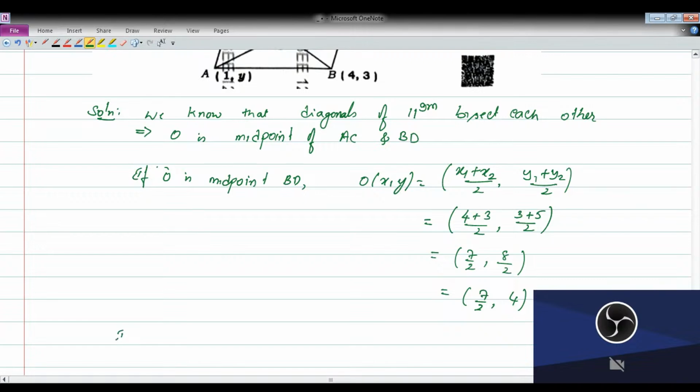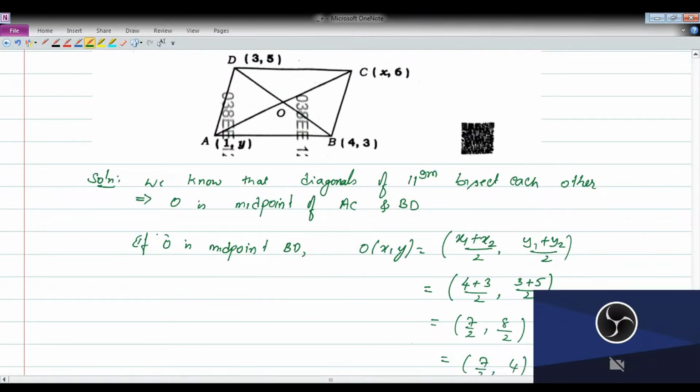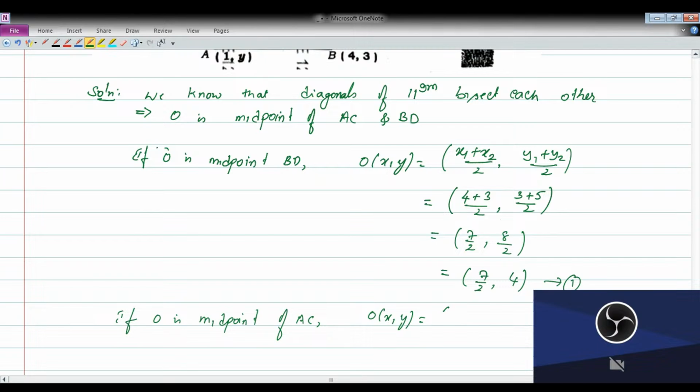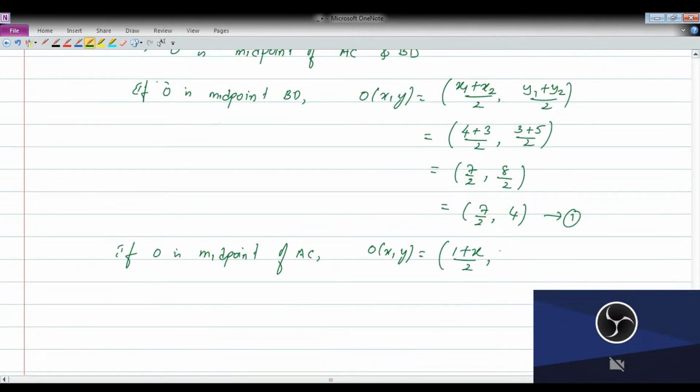Now consider O as the midpoint of AC. If we consider the midpoint of AC, as the coordinates of A and C are 1 comma y and x comma 6, it becomes 1 plus x divided by 2 and y plus 6 divided by 2. This is the coordinates for O. As these two are the coordinates of the same point, their x coordinate and their y coordinate must be equal.